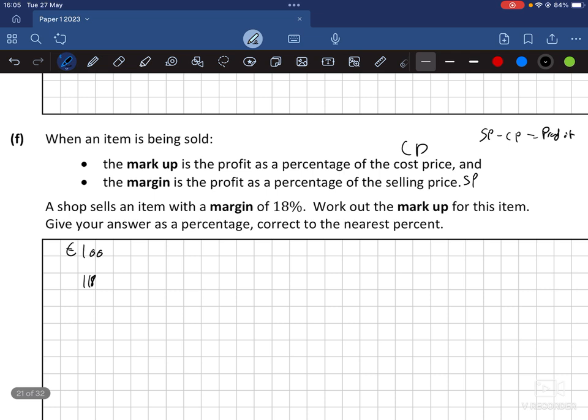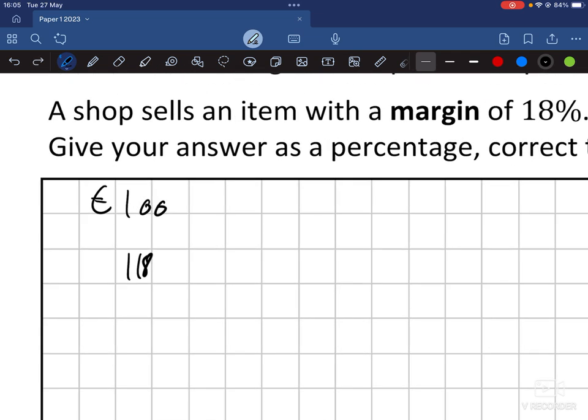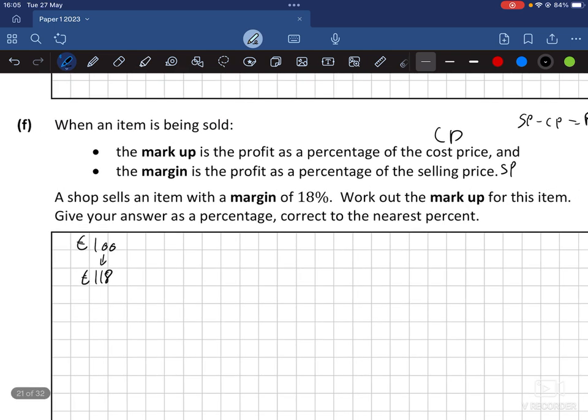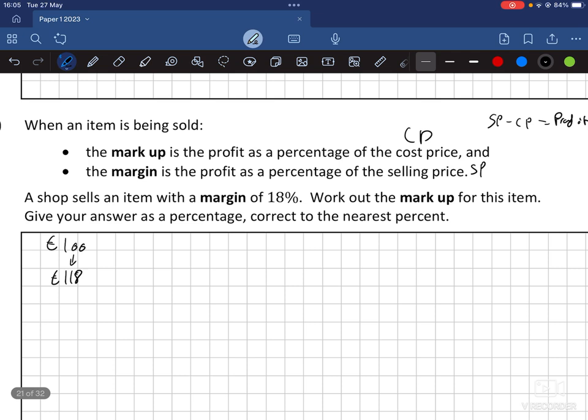I think. Yeah, that looks right. So that must mean they sold it for €118. That is, if the selling price is 100. Okay.